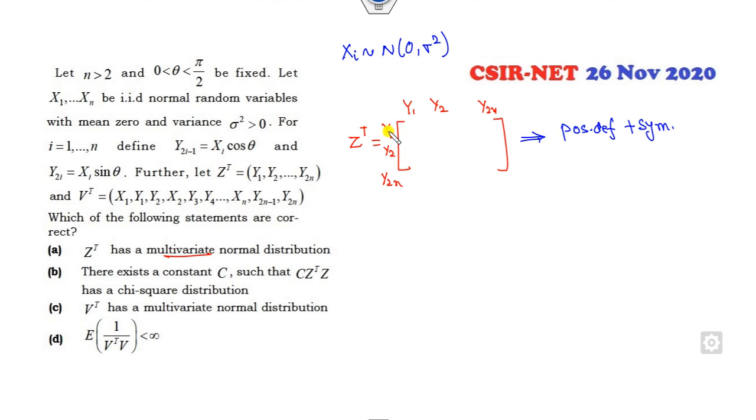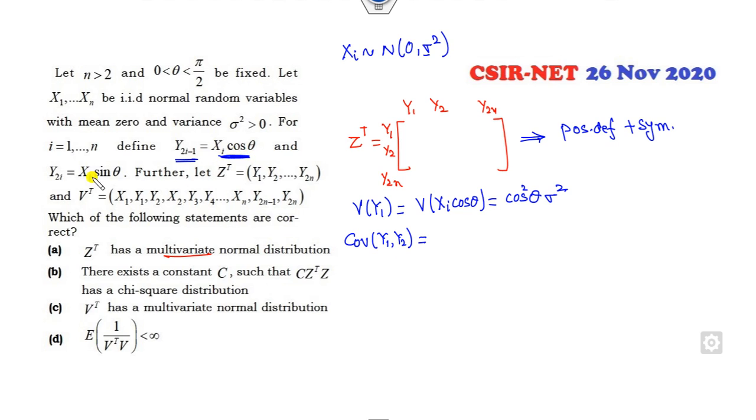Now my target is to find the variance of y1. What is y1 here? Variance of xi cos theta. Cos theta is outside. What is the variance of xi? Sigma square. Since it is a constant, if I take it outside, it is sigma square. What is the covariance of y1 comma y2?